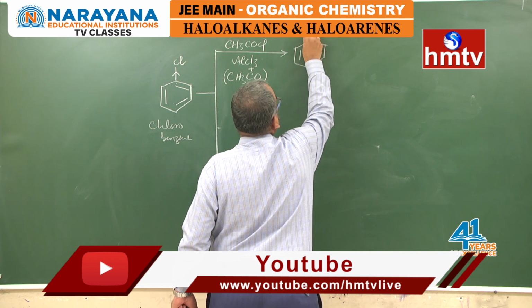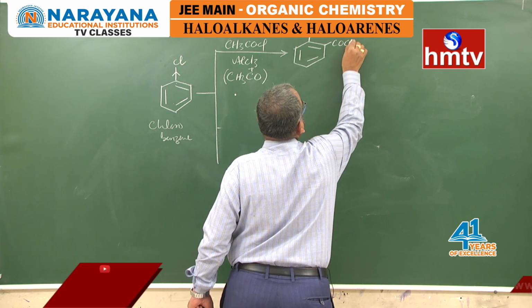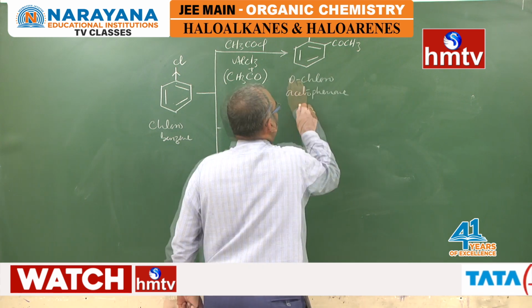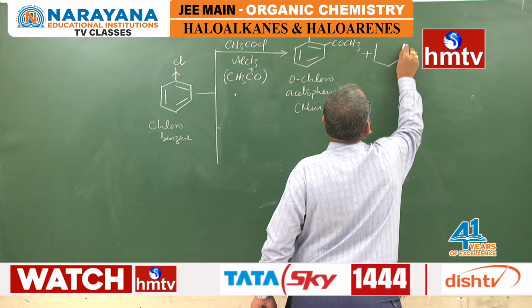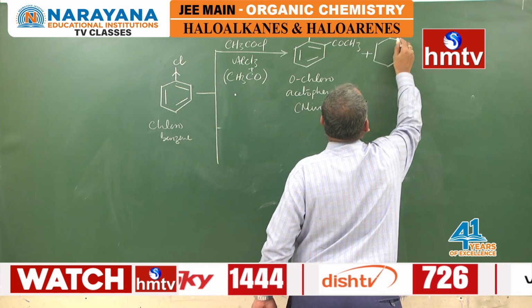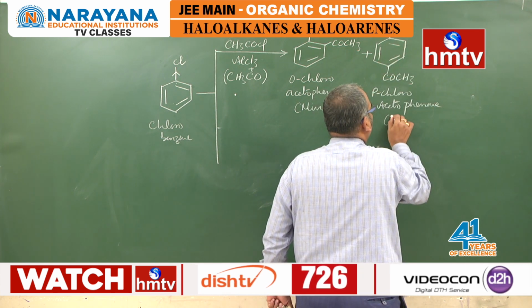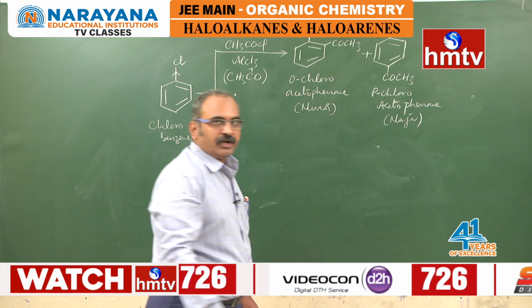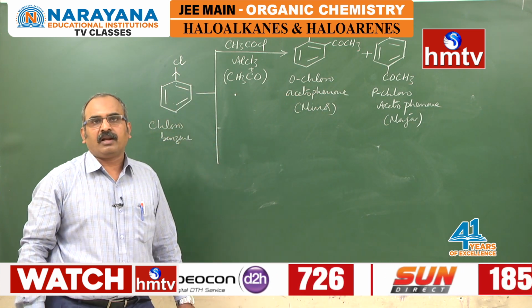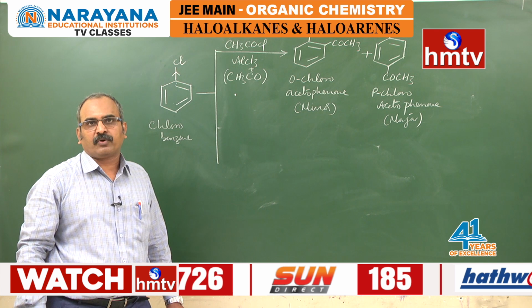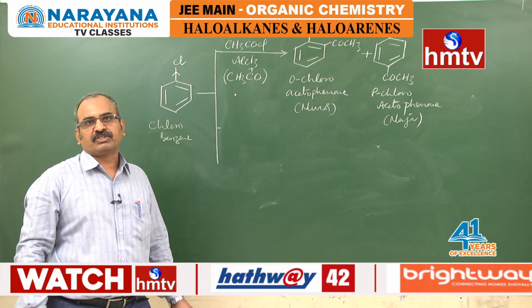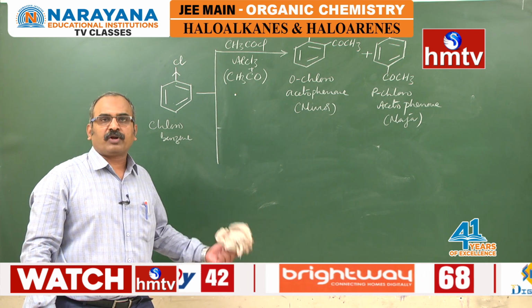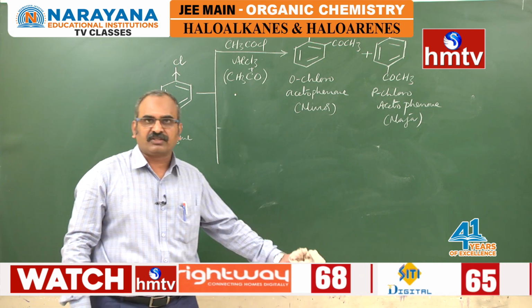So this is orthochloroacetophenone minor product plus parachloroacetophenone as major product. The ortho product is always minor product and para product is always major product, because in ortho product there are repulsions between the 1,2 position substituents. That's why ortho product is always minor product and para product is always major product.